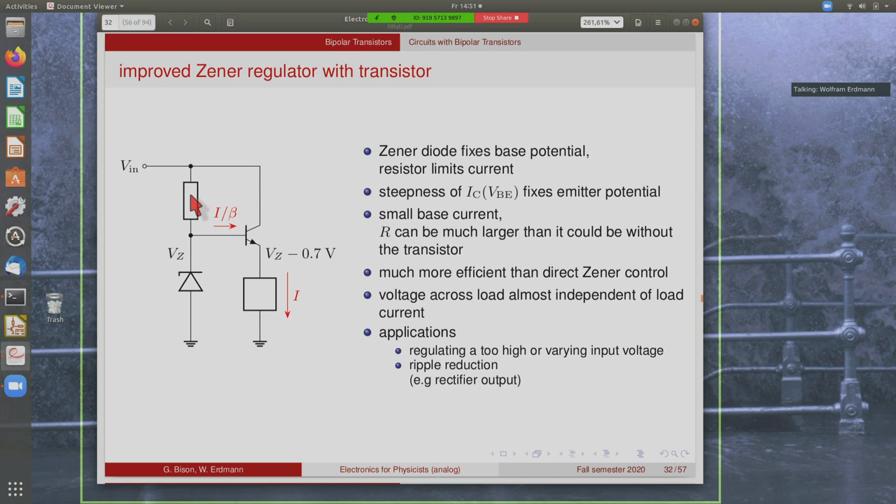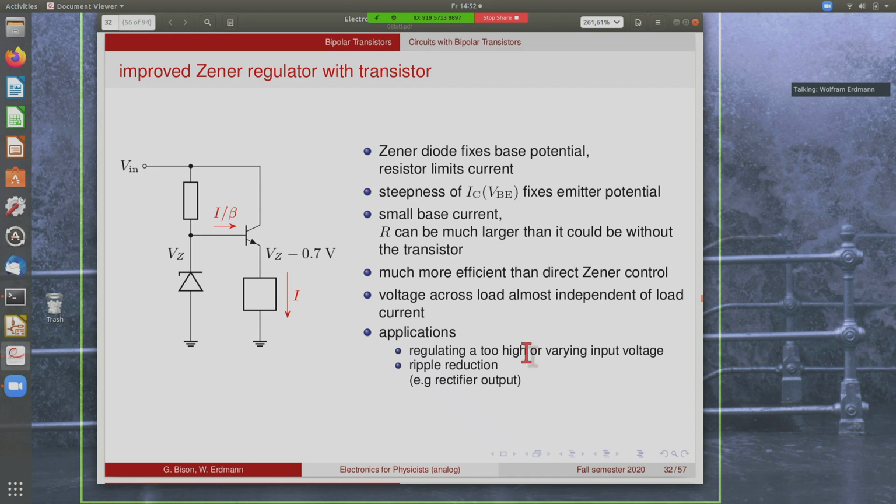That was, if you remember, the disadvantage of the circuit: you may have to drop a lot of power through this resistor when the input voltage goes away from the Zener voltage, and this becomes very inefficient. But now in this way, the current through the resistor can be much, much smaller, and the whole circuit is much more efficient. And the applications are, of course, the same.